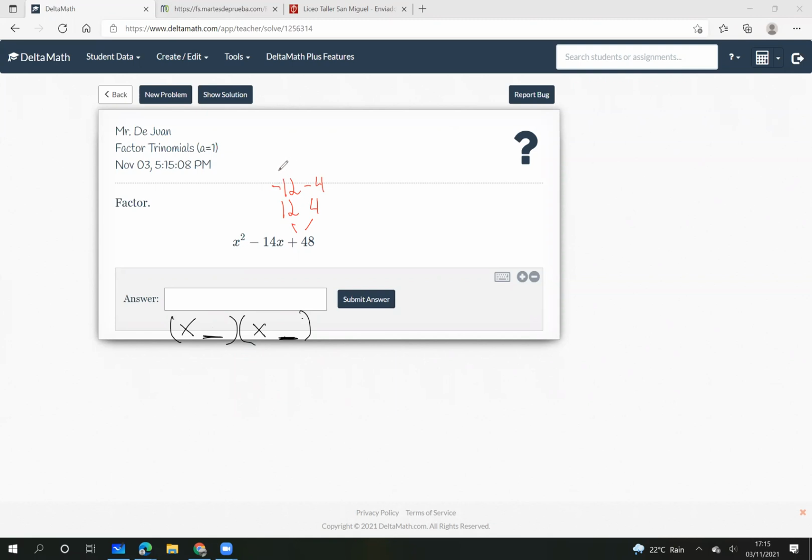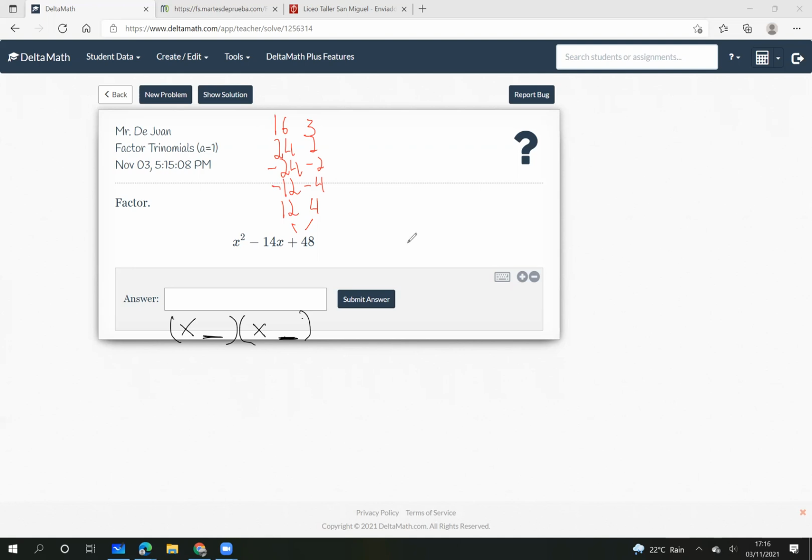What else do I have? Let's think about that. Negative 24 and negative 2, 24 and 2. What else do I have? Well, I believe that 16 will multiply to create, oh, geez, my head. 16 times 3 is an option, right?